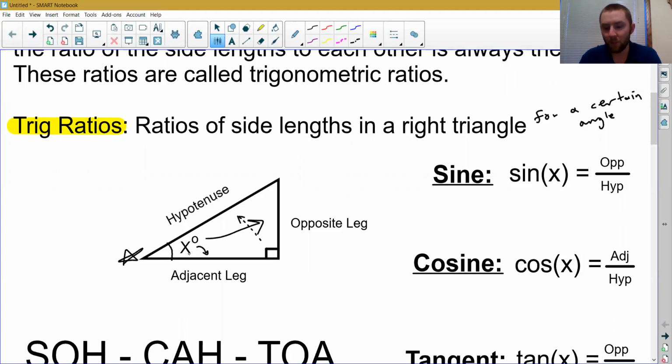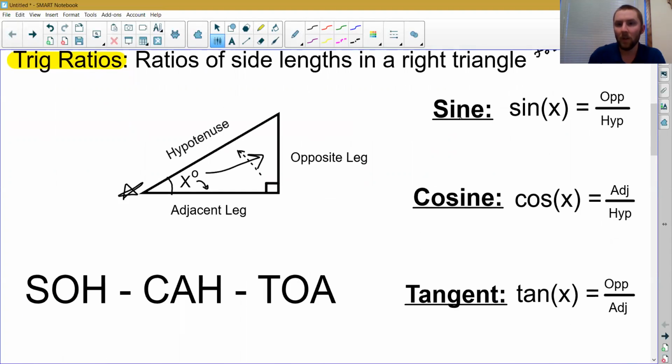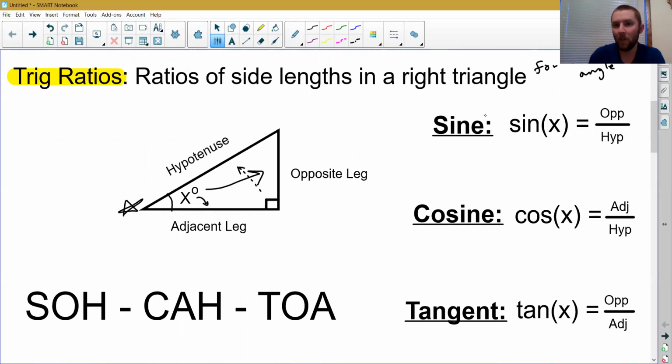Now we have three trig ratios, and they are listed here for you. They are the sine fraction, the cosine fraction, and the tangent fraction, okay? So I want you to notice that over here, they are all ratios or fractions. One number, one side length on top of another side length, okay? So they're always fractions or ratios.